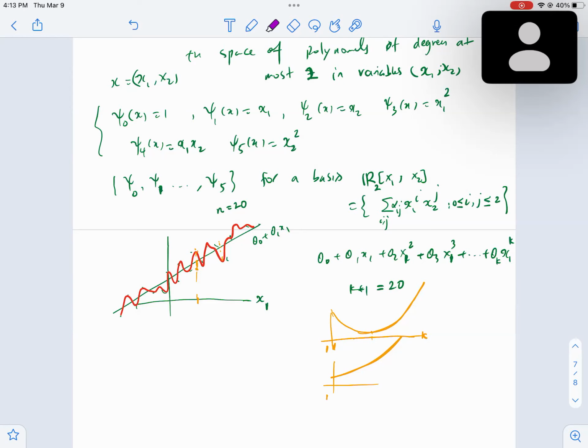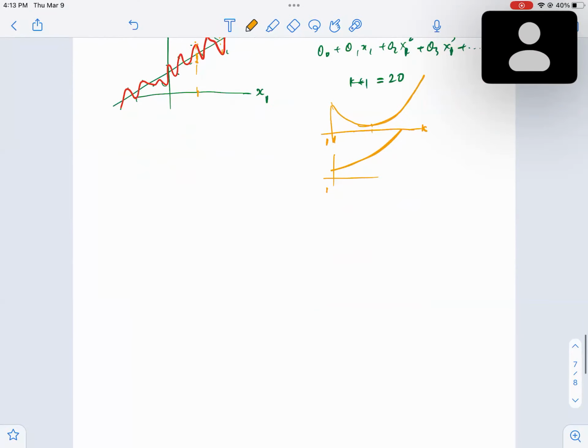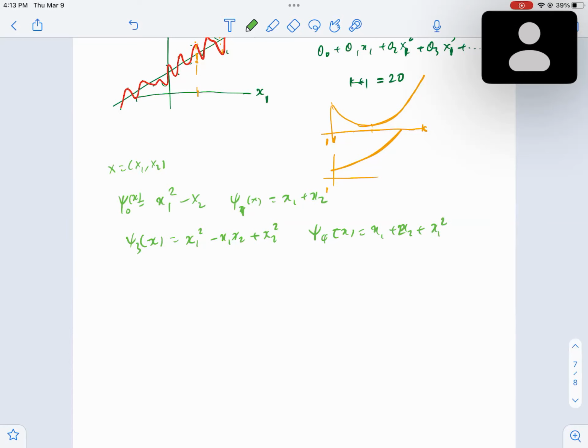For example, psi 0 is x1 squared minus x2, psi 2 of x is x1 x2, psi 1 is x1 plus x2, psi 3 is x1 squared minus x1 x2 plus x2 squared, psi 4 is x1 plus x2 minus 2, or 2x plus x1 squared, and so on. So you can construct many degree 2 polynomials, maybe 100 of them.